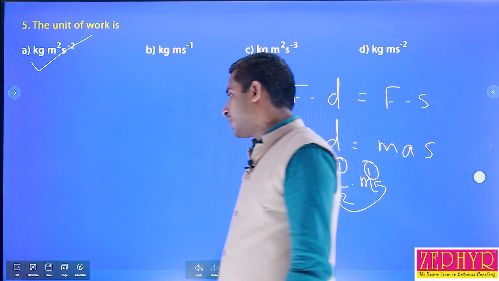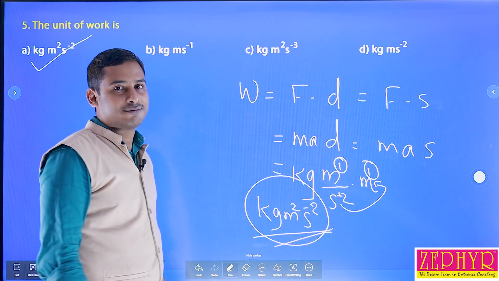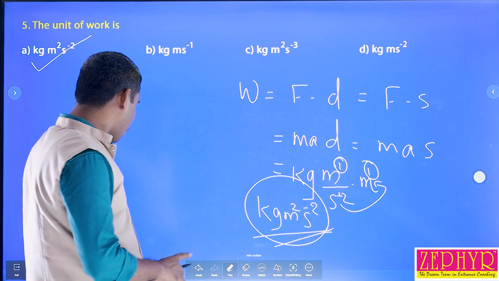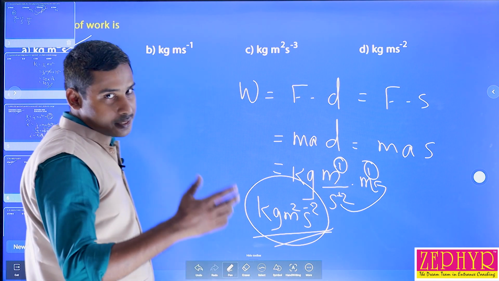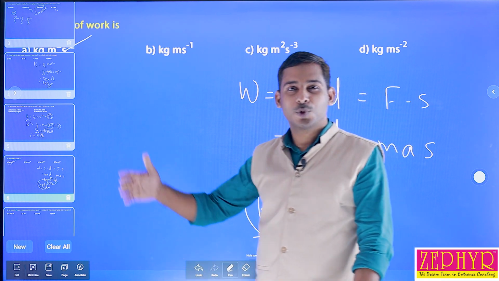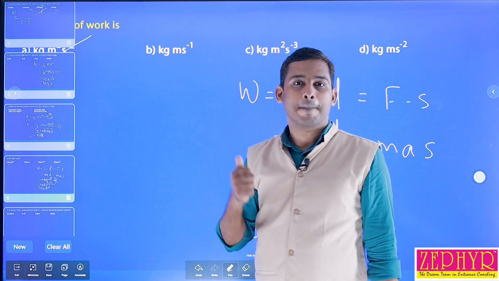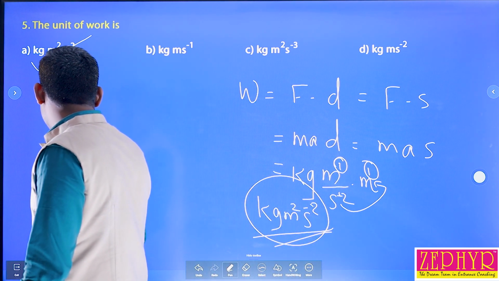That is the final answer. It is very easy only, right? Yes, I know you all are doing these problems within seconds maybe, right? Okay, shall I move to the next question? All are ready? Yes, students, I am moving to the 6th question.